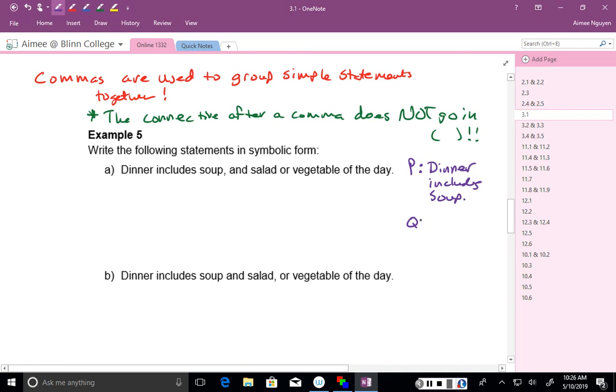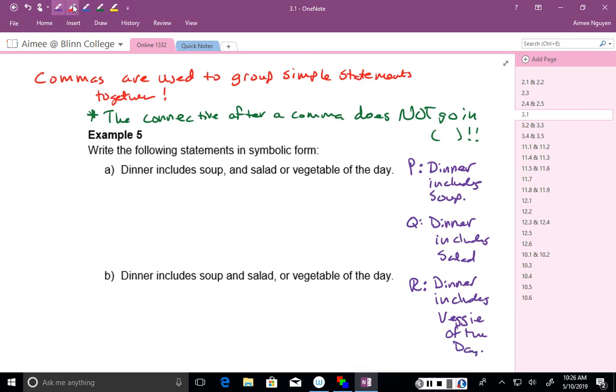I have Q, dinner includes salad, and I have R, dinner includes veggie of the day. So those are my 3 individuals.